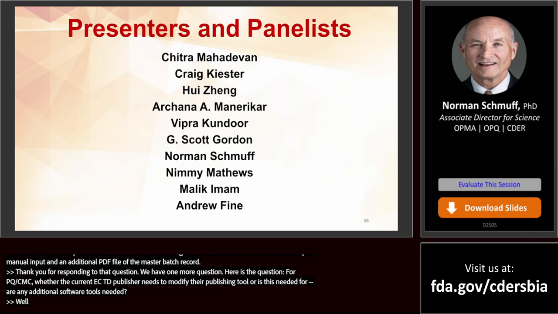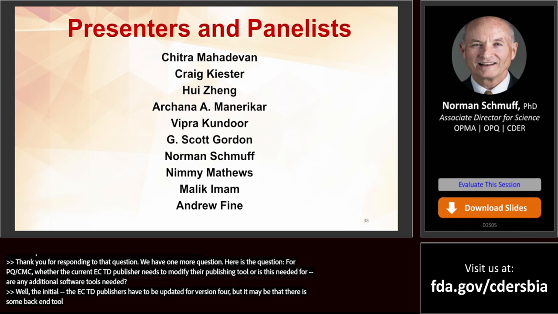Well, the eCTD publishers have to be updated for version 4 of the new eCTD. But to get to this point of whether new eCTD tools will have to be available for structured submission, it may be that there is some back-end tool that's not actually part of the current eCTD tool that does the direct submission.